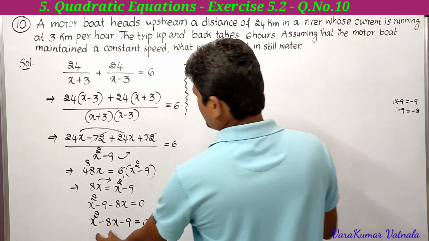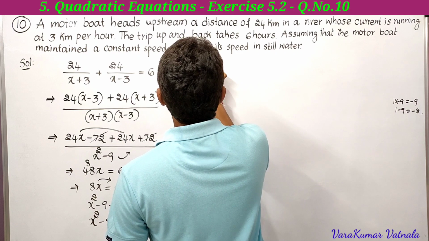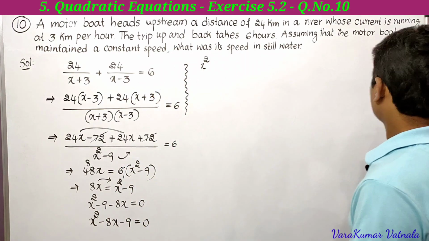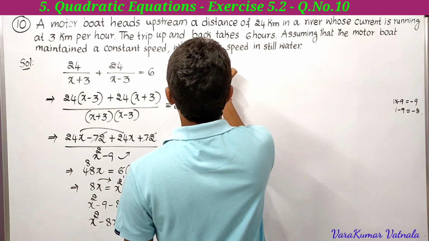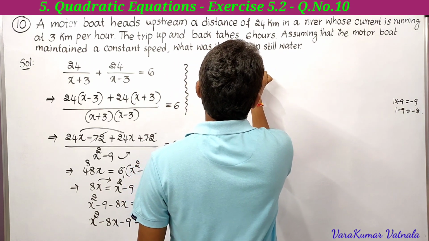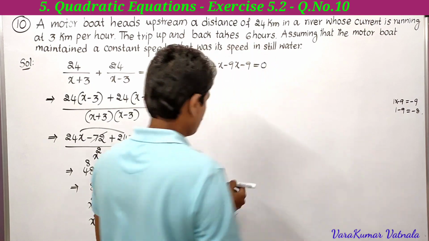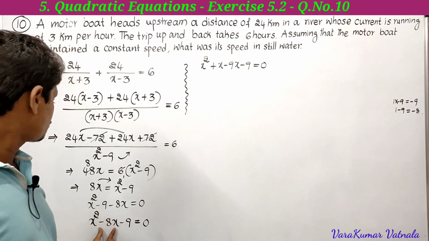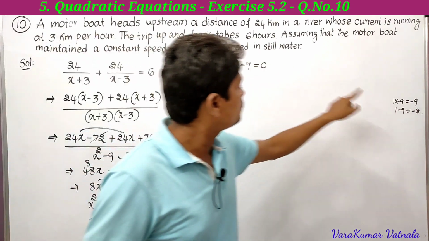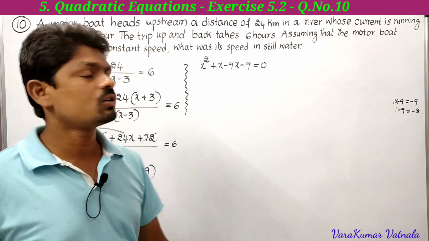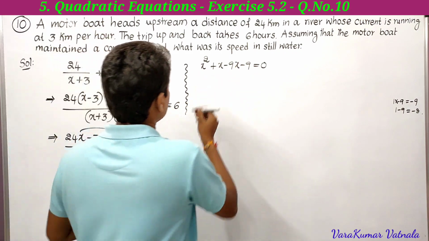So how can we write? Write x square as usual, but this minus 8x write as plus x minus 9x. So write plus x minus 9x minus 9 is equal to 0. So in these two x is common.